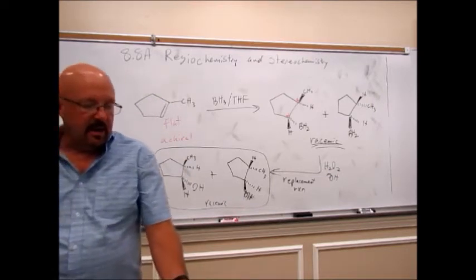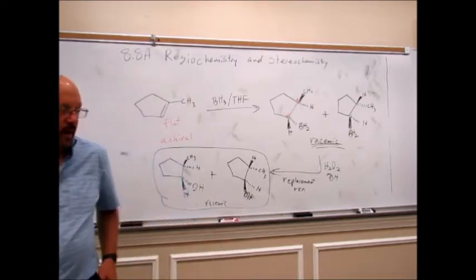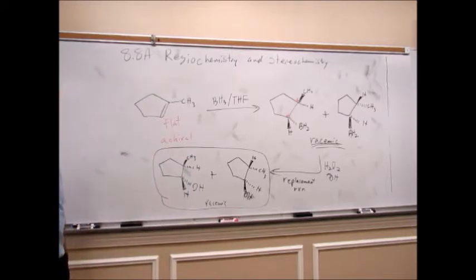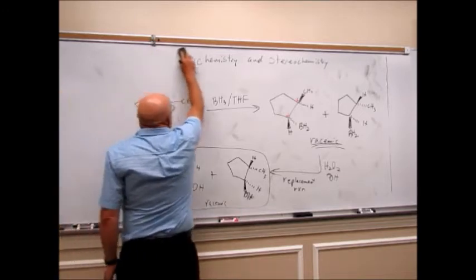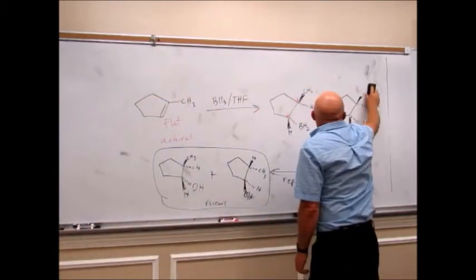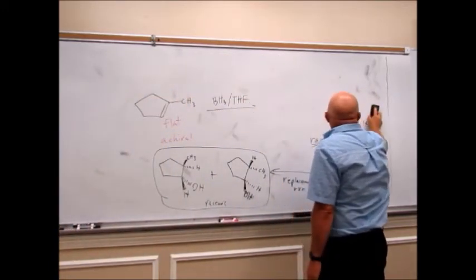Okay, so that's the hydroboration followed by the oxidation. We get anti-Markovnikov addition of water to the double bond. So we've talked about three ways to make alcohols from an alkene. Let's just kind of summarize these three that we've done today.